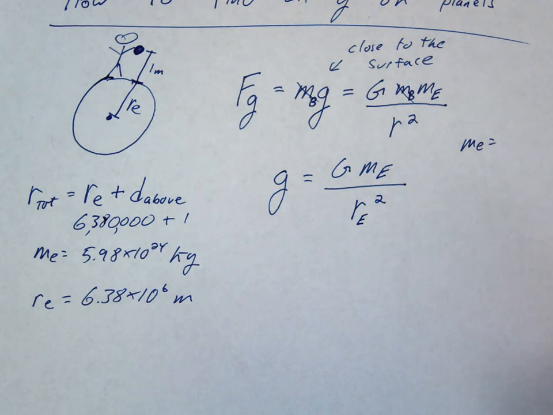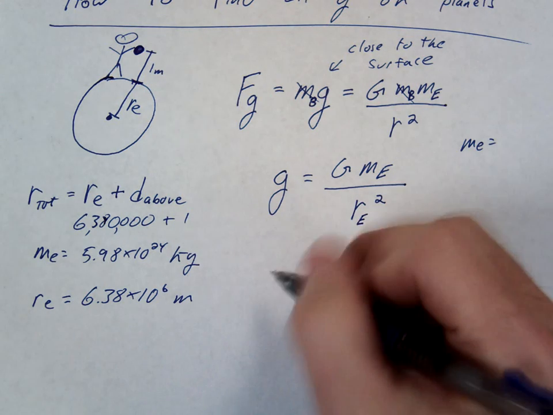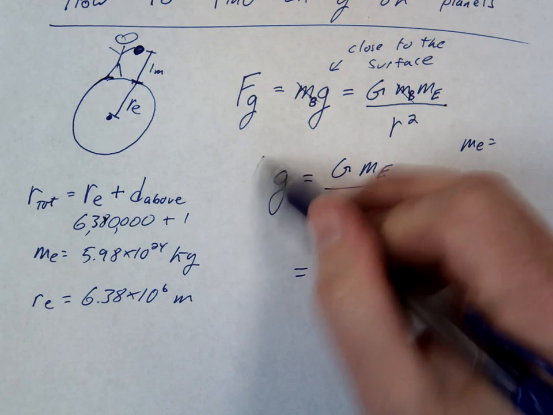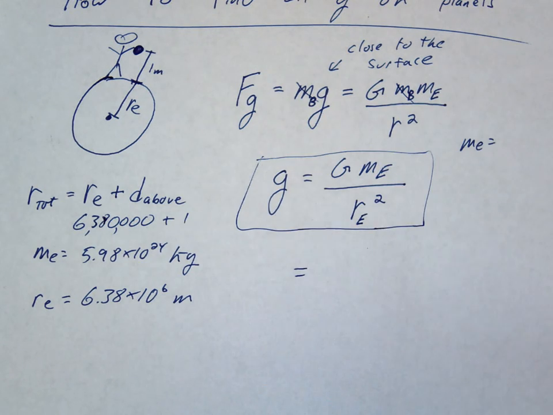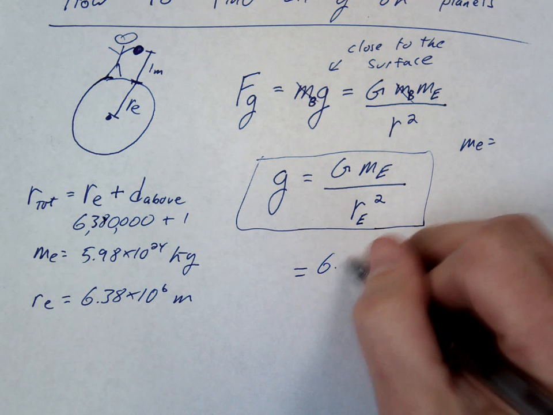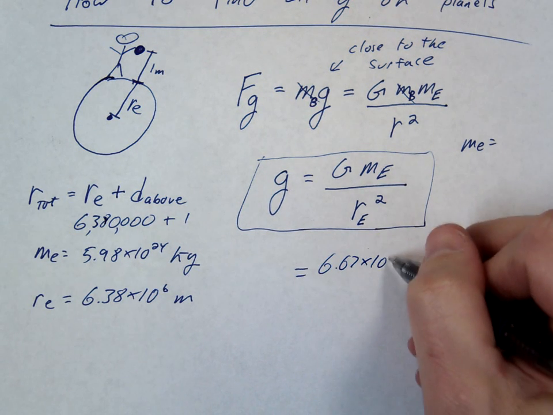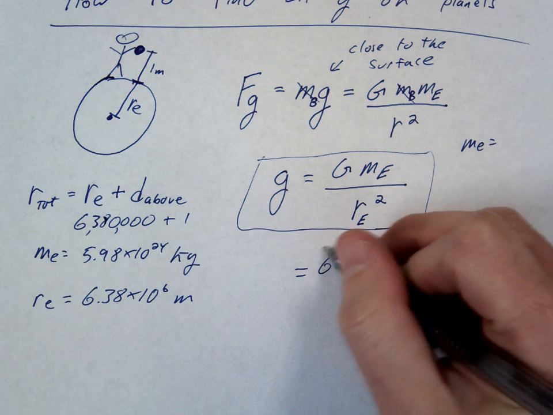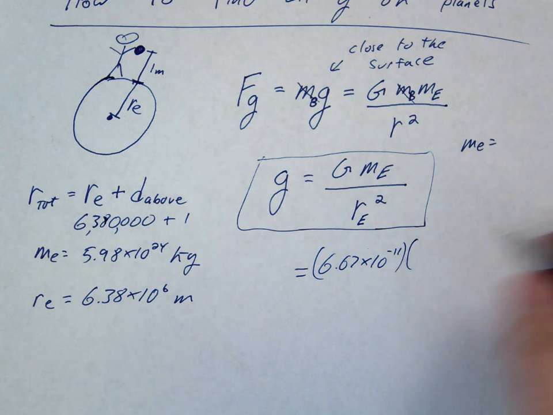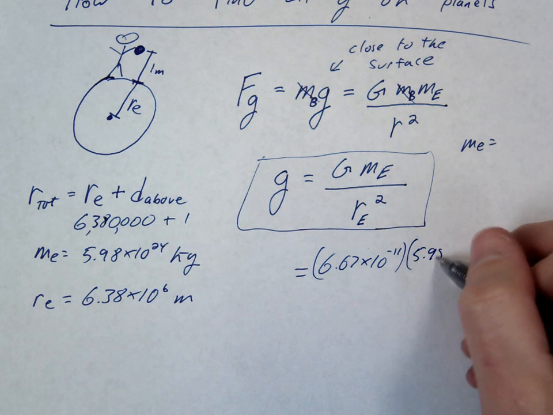All right, so let's go ahead and find little g. So we're doing it for Earth. This would be the equation, though, for anywhere. If you did it on the moon, if you did it on Venus, you'd do the same thing. Okay, so go ahead and do it. I'll write it out. Again, the hardest part of this really is plugging it in. Make sure you can plug it in.